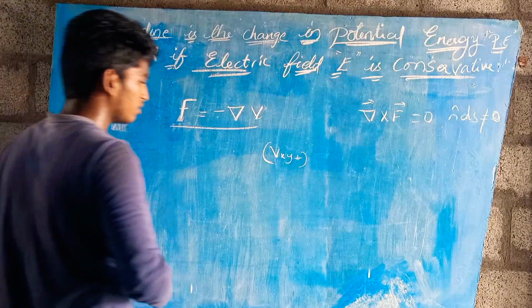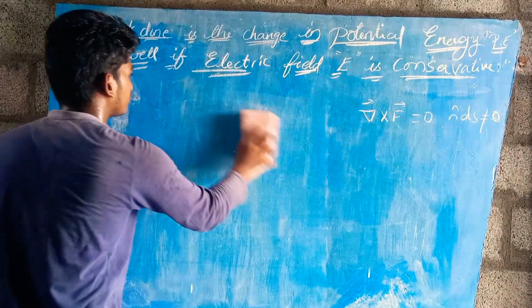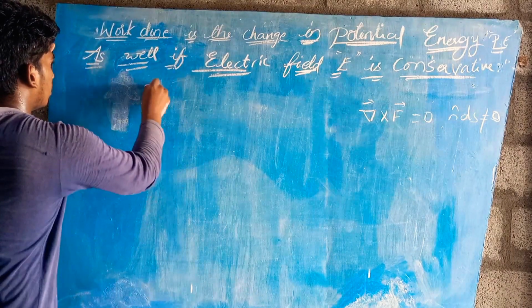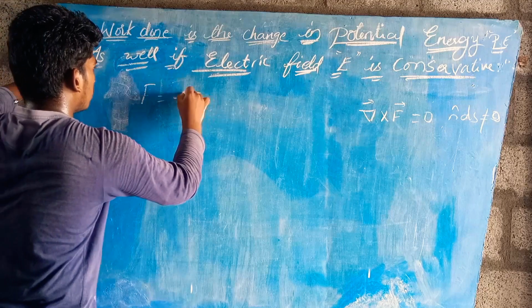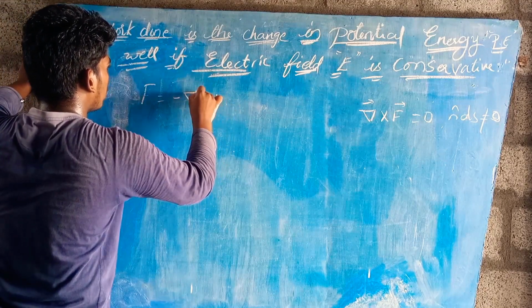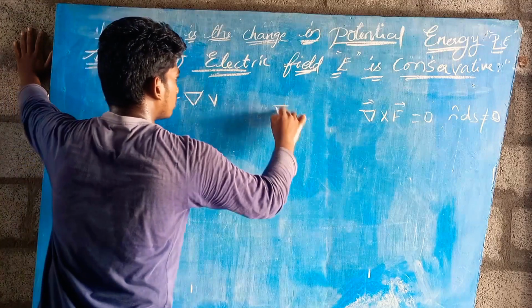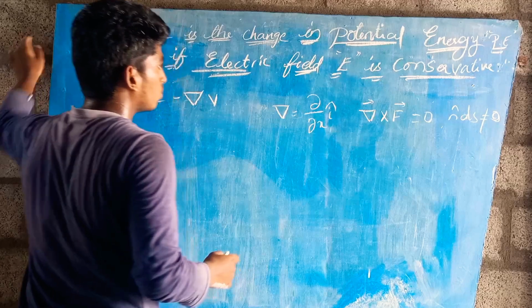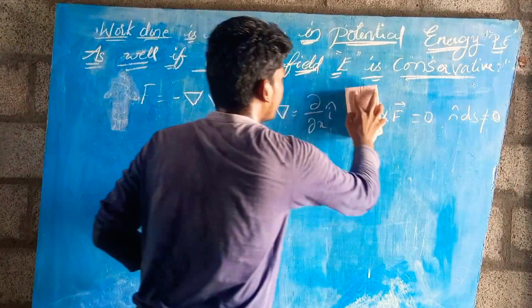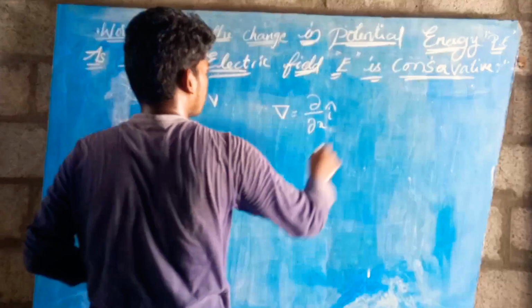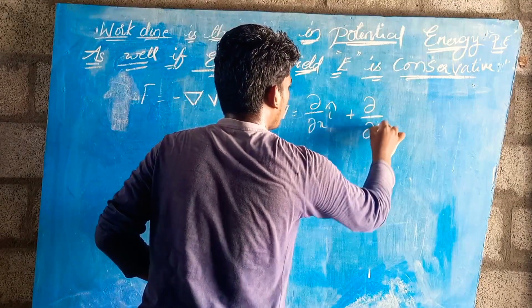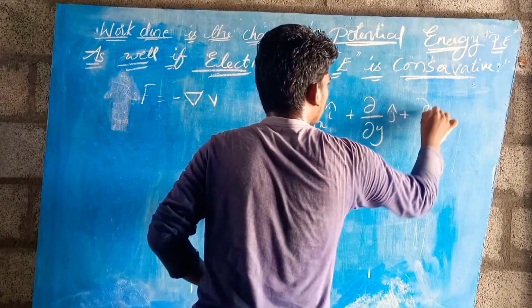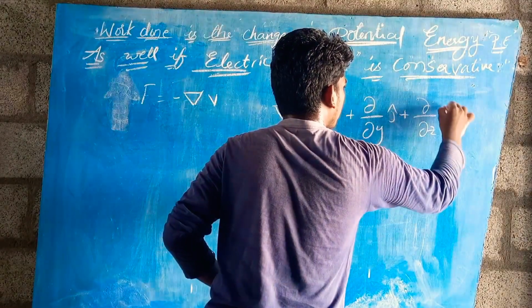Just try to remember this relationship: F is equal to minus del V. You know that del is equal to dou by dou x i cap plus dou by dou y j cap plus dou by dou z k cap.